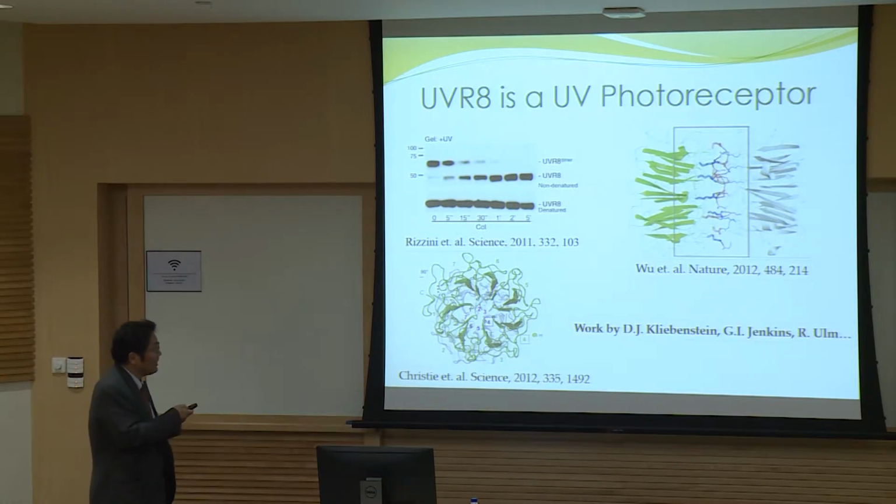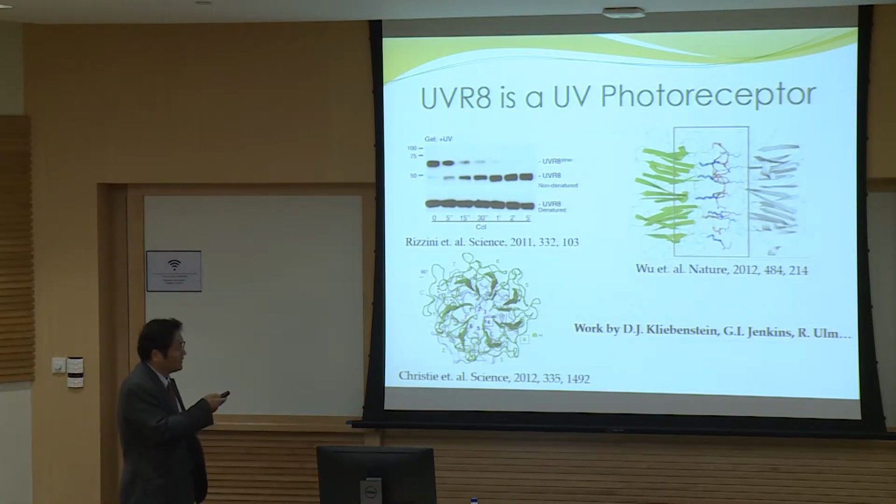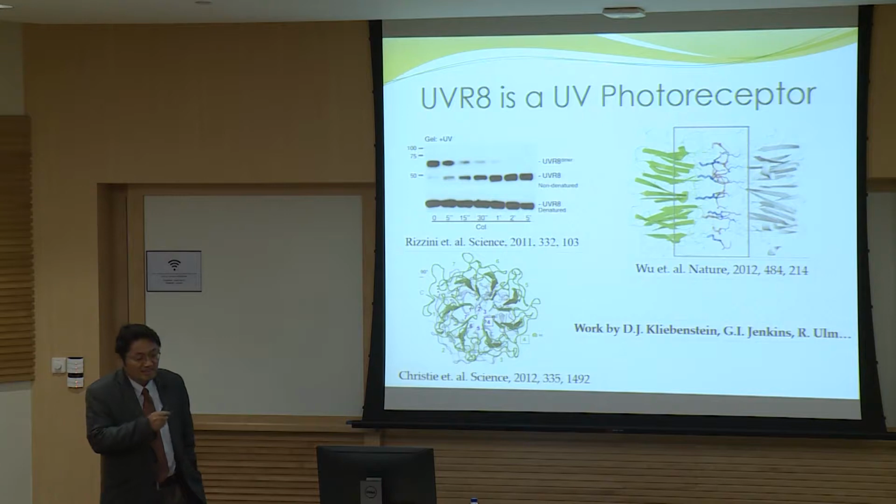So finally, in 2011, scientists pinned down UVR8. There's some UVRA, UVRB, all these names, but the UVR8 protein was determined by German scientists. This is the UV photoreceptor existing in nature.